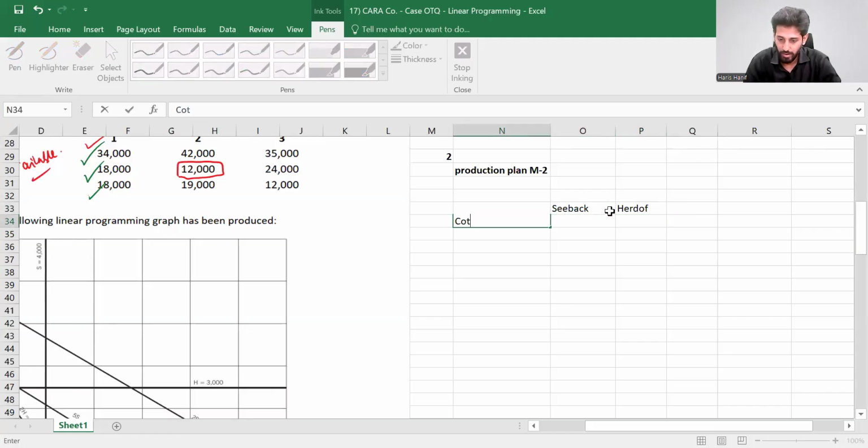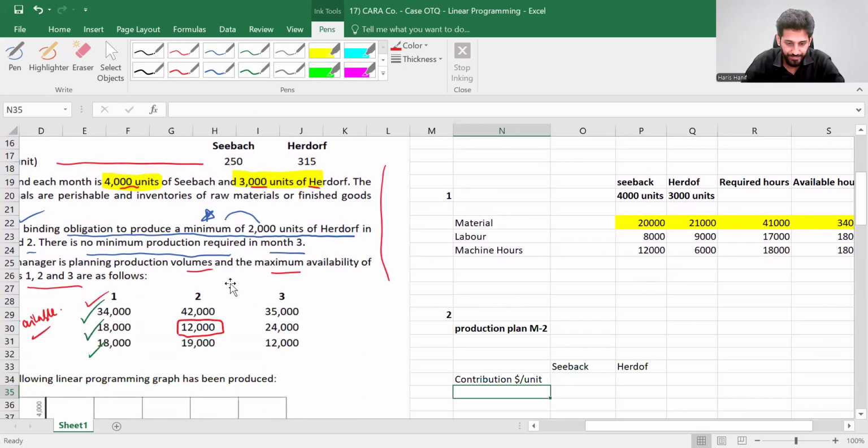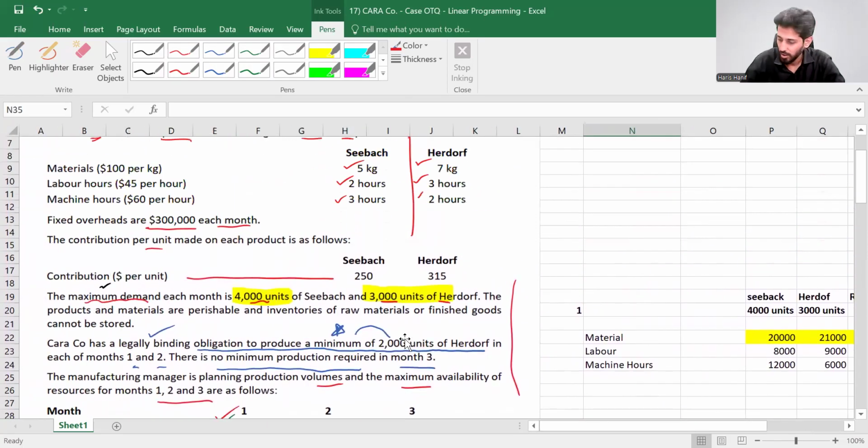The contribution per unit is given, and that is 250 and 315. 250 and 315 is the contribution, right?